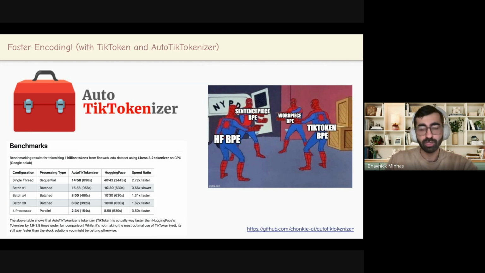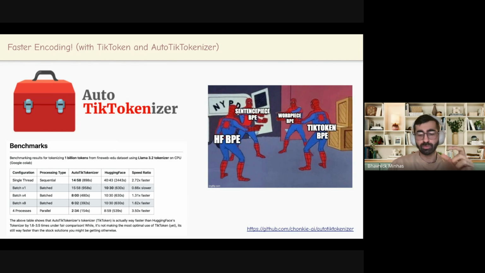Can we do sentence piece with TickToken? And BPE essentially. Theoretically, I believe you can. Of course, TickToken does it in a certain way, where it expects certain mergeable ranks and pattern normalization.